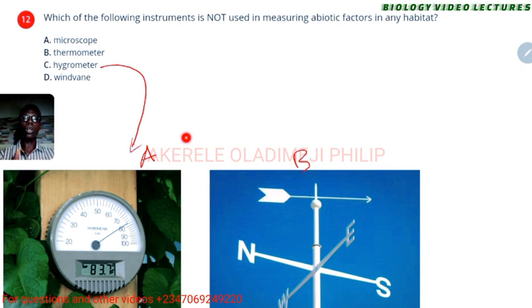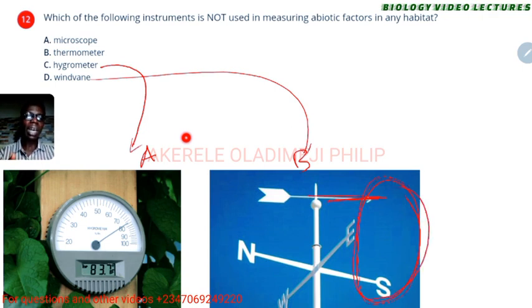To measure relative humidity, which means how moist the weather is. And this one is a wind vane. That's B, wind vane, to know the direction of the wind. In this case, the wind is blowing towards south. Why do I know? Because this arrow is pointing in the same direction as south. All right, so these two have been put there.